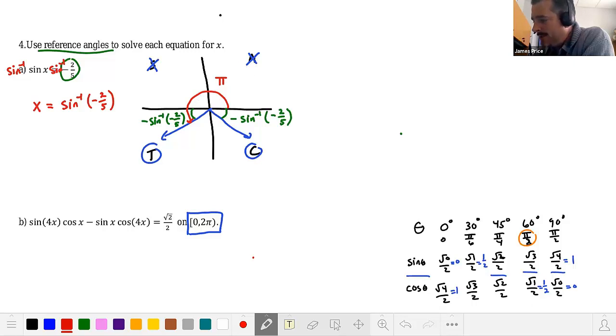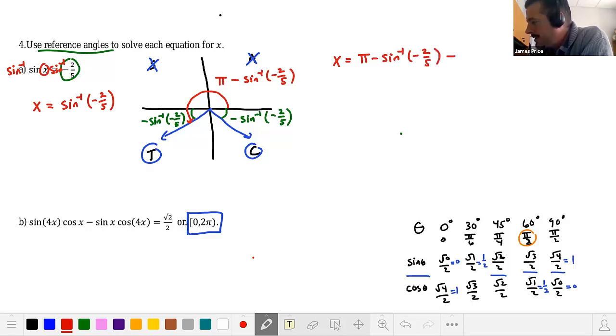So if you add negative, it's really subtract sine inverse of negative 2/5. And so that would be my first answer. So x is going to equal pi, remember it is x because you have an x in here, and so pi minus sine inverse of negative 2/5, and then you have to add plus 2 pi n. N is an integer. So there's my first answer.